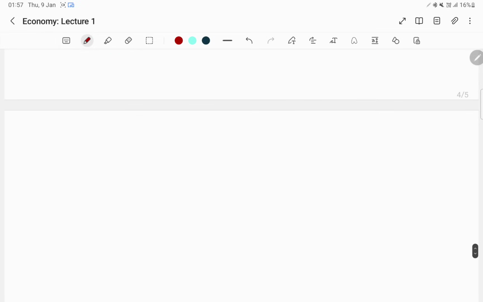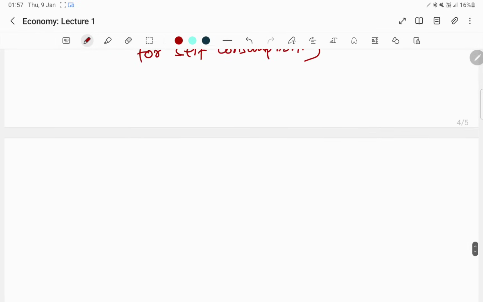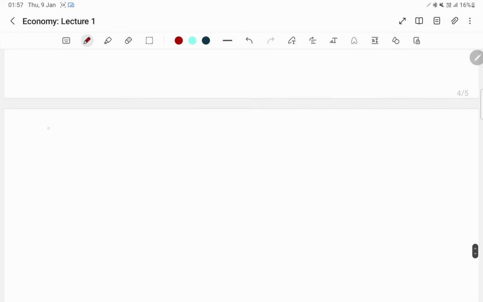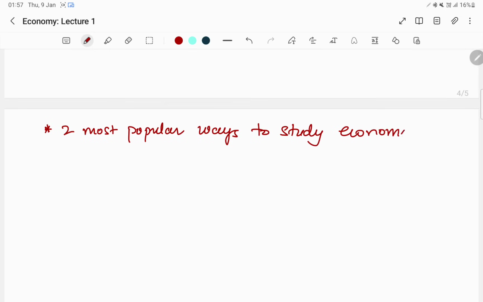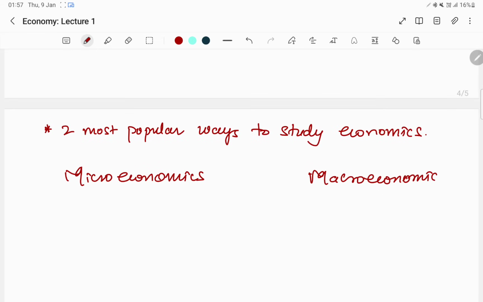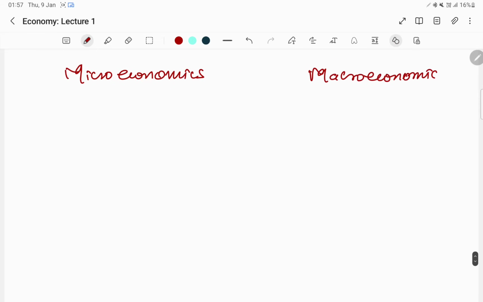Now there are two very popular ways to study economics. You might have heard the words, microeconomics and macroeconomics, right?